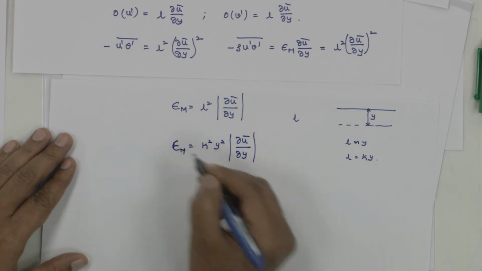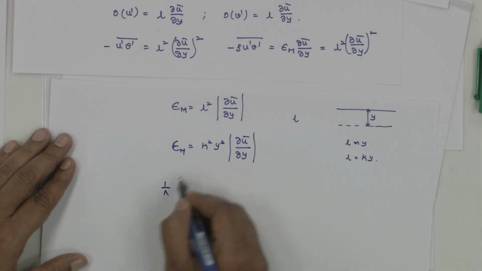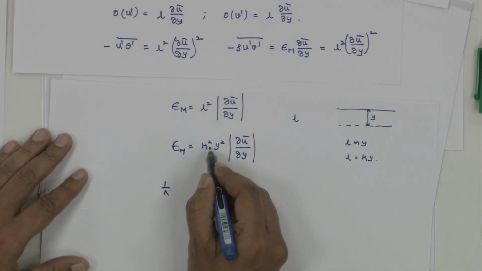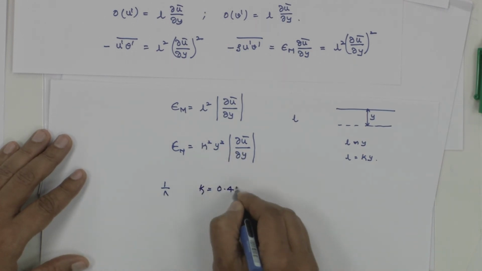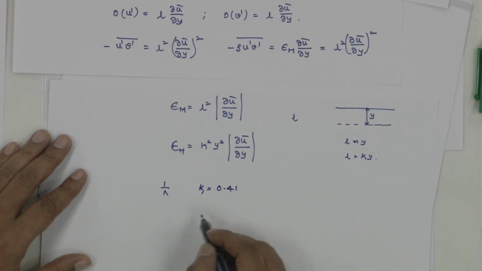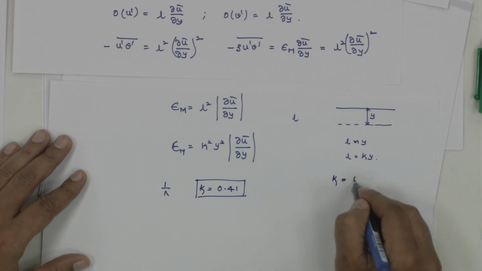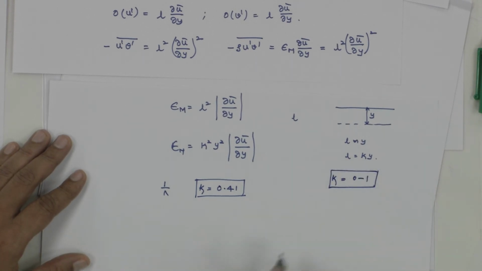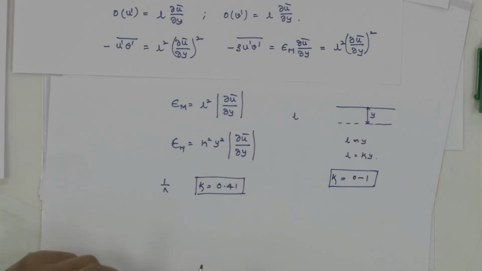If you recall, 1 by kappa squared was my value A. So kappa comes to approximately 0.4 or 0.41, which says that kappa is of the order of between 0 and 1, and the value of kappa is 0.41.